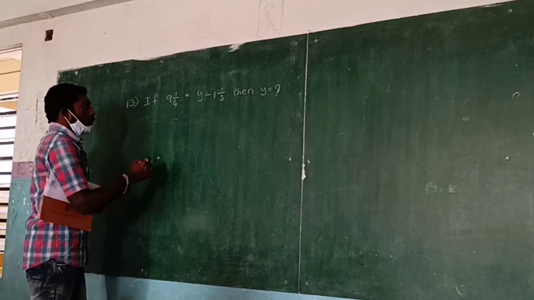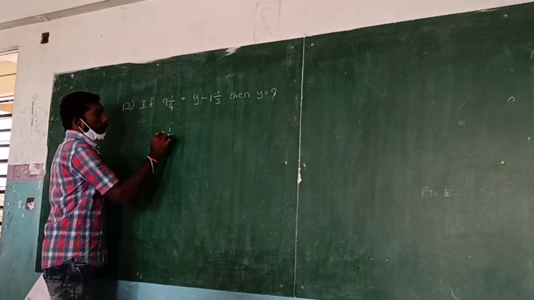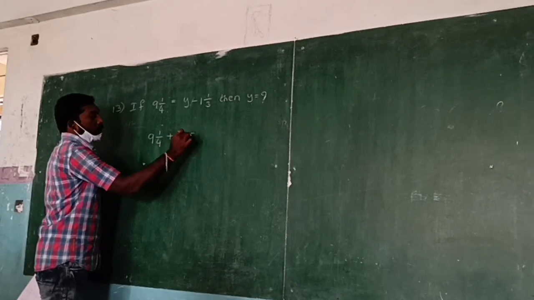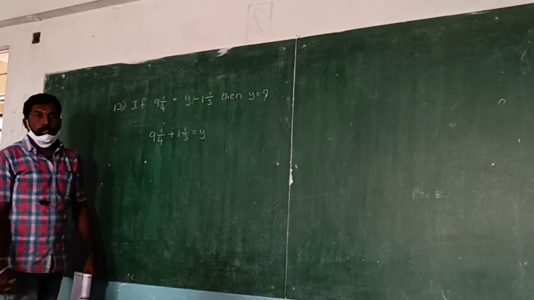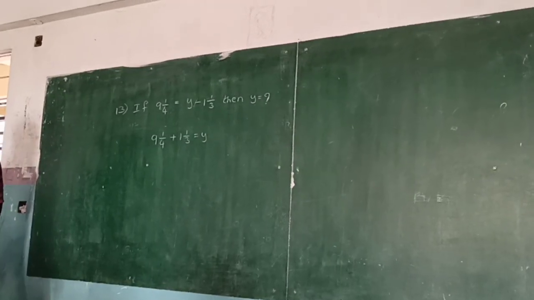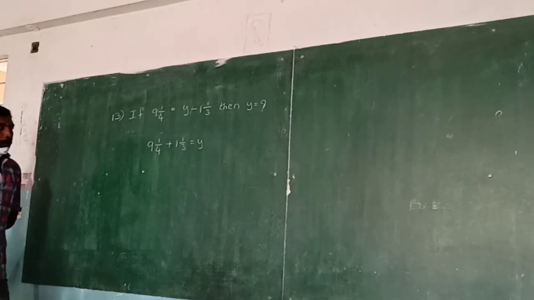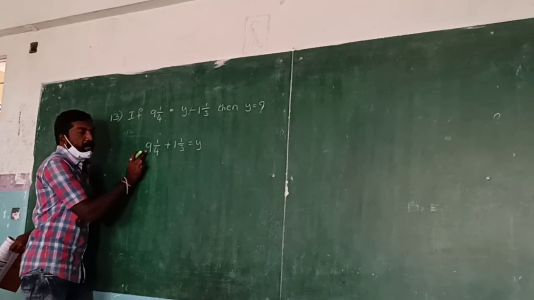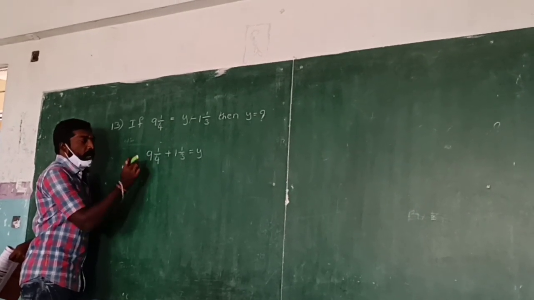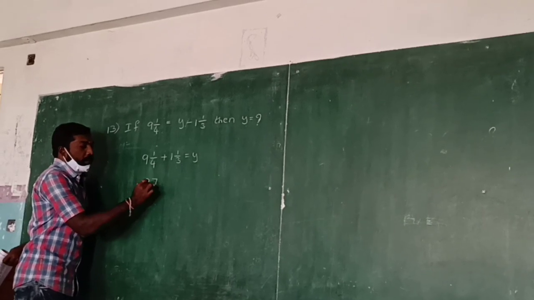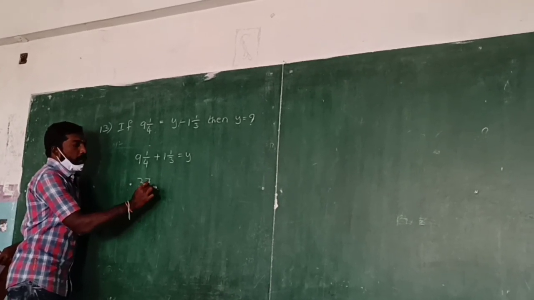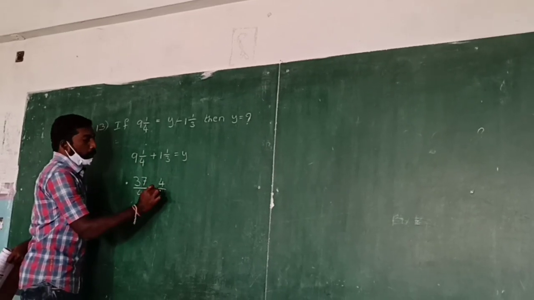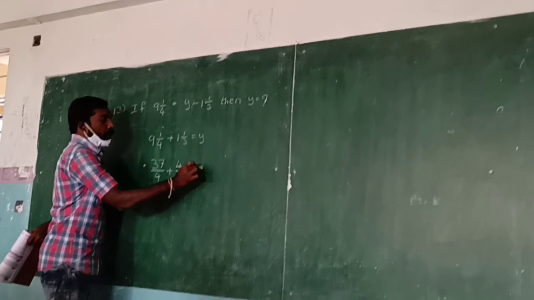ఓకేనా? సో వాట్ యు హావ్ టు డు 9 1 by 4 plus 1 1 by 3 is equal to y. So immediately what you have to do? Improper fraction లో కన్వర్ట్ చేసుకోవాలి మిక్స్డ్ ఫ్రాక్షన్. సో హౌ మచ్ అయినా 4 9s 36 plus 1, 37 by 4 plus 3 ones 3 plus 1, 4 by 3 is equal to y.